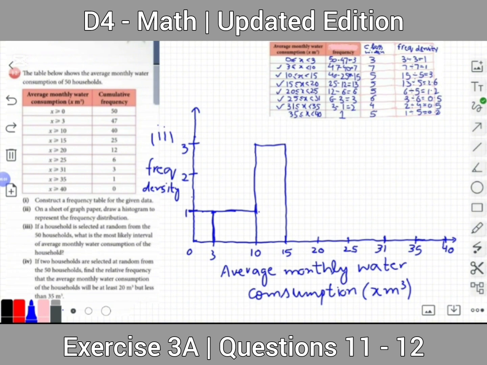Now for the class interval 15 to 20, we will draw a bar of the height 2.6. Here we have 2.6.